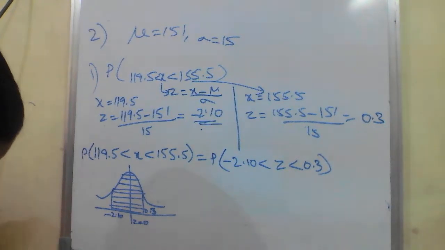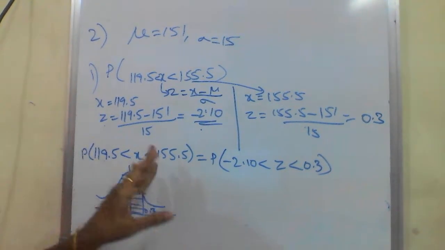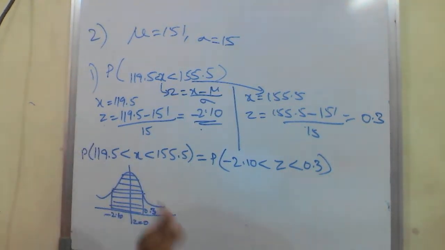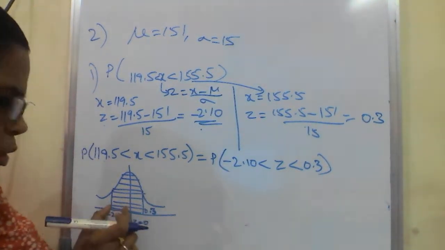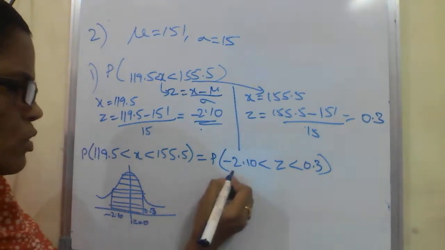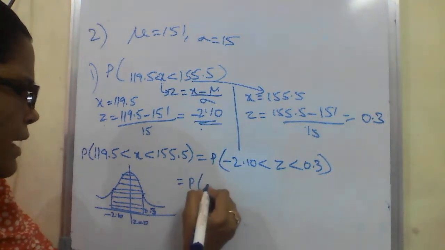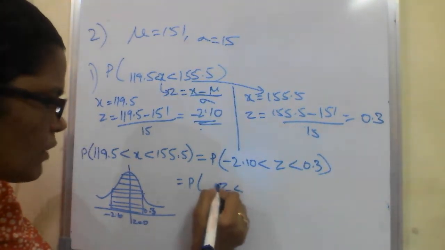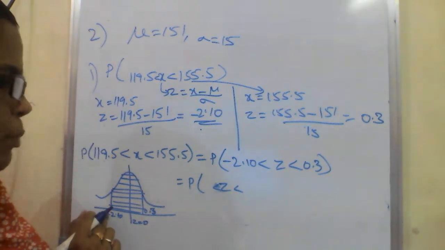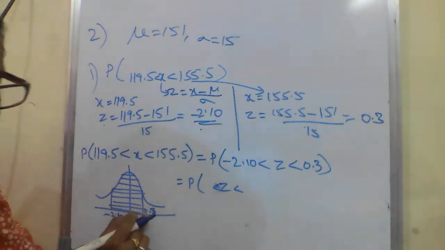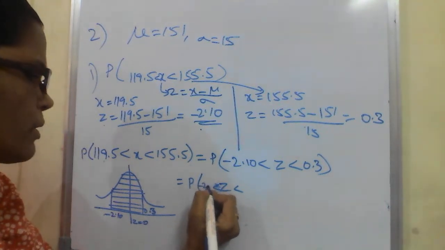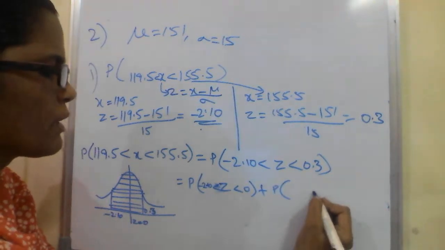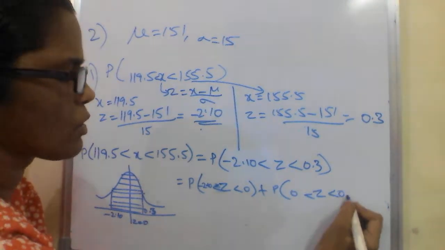So now I told you, whatever value I have to find from the table will be from 0 to some particular value. So looking at this figure, we have to split it. This particular probability is taken as my z value which is between minus 2.10 to 0 plus probability of z which is between 0 to 0.3.